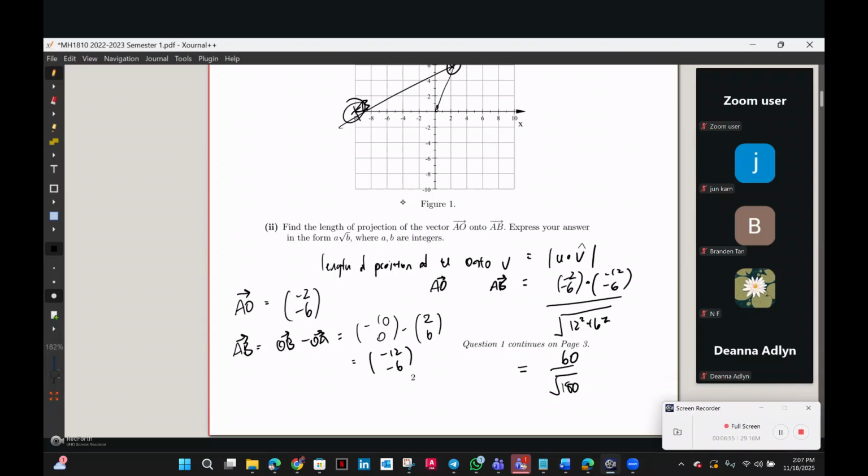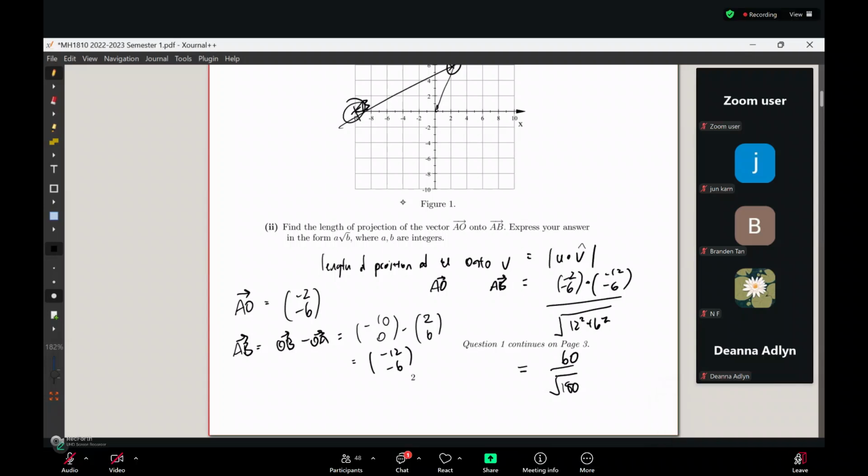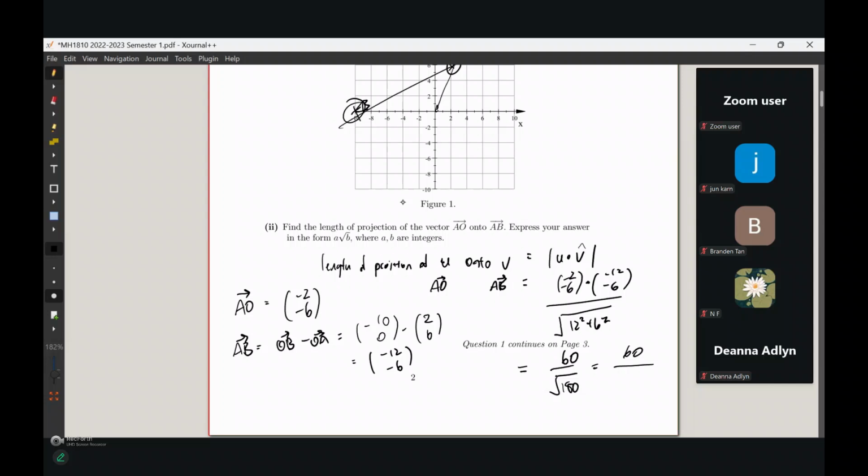Express your answer in the form A square root B. So this is the same as 60 over square root 180. What is square root 180?